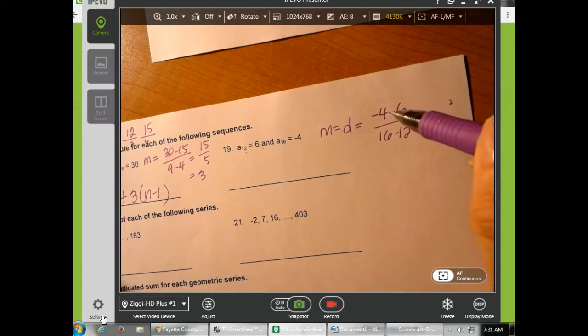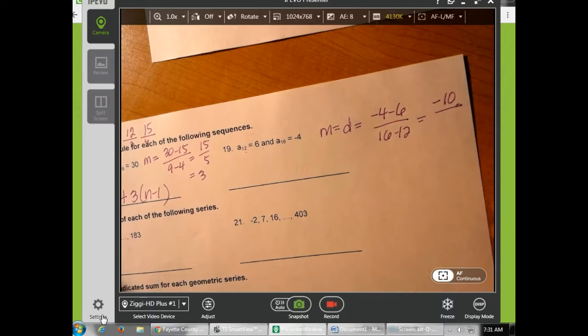So this will be a negative 10, and then this will be a 3. So it's going to be a negative, we'll simplify that down to a negative 5/2, like that. So that's my common difference.